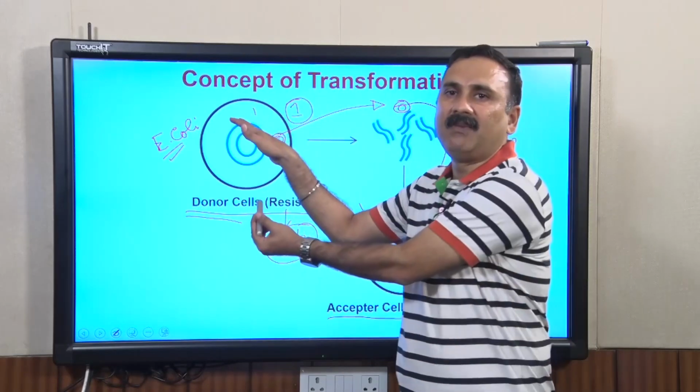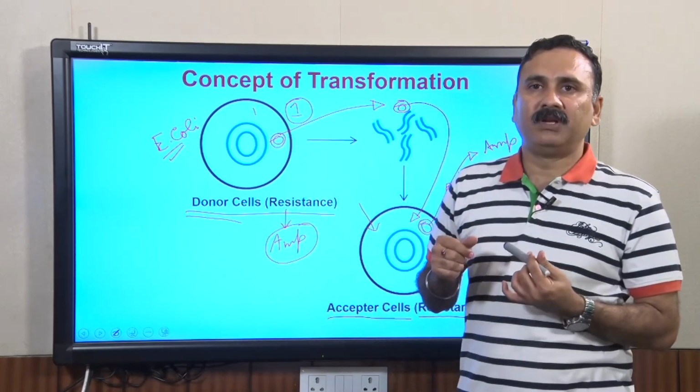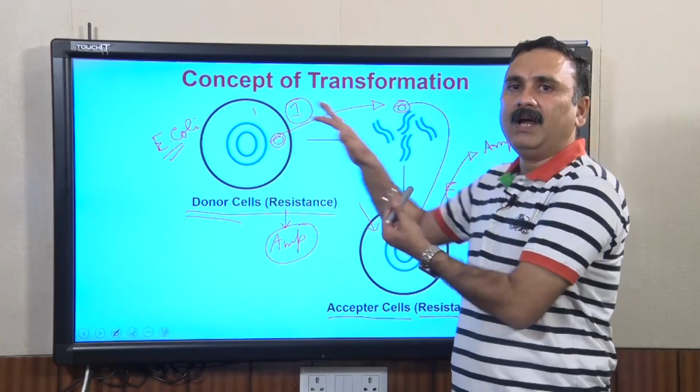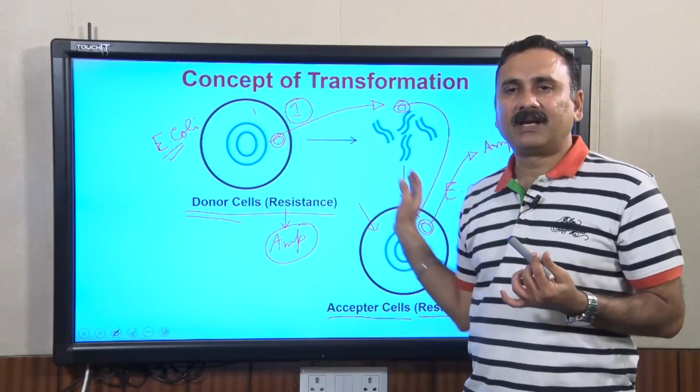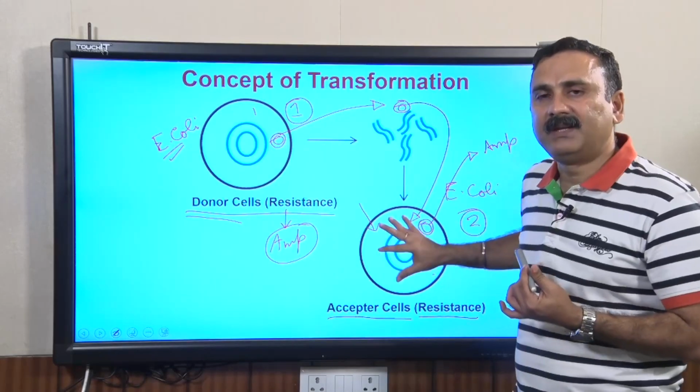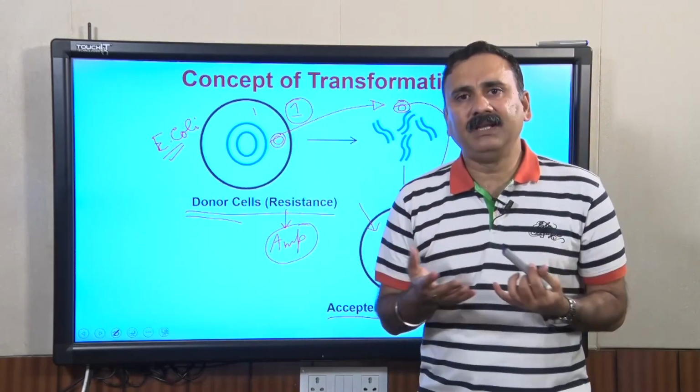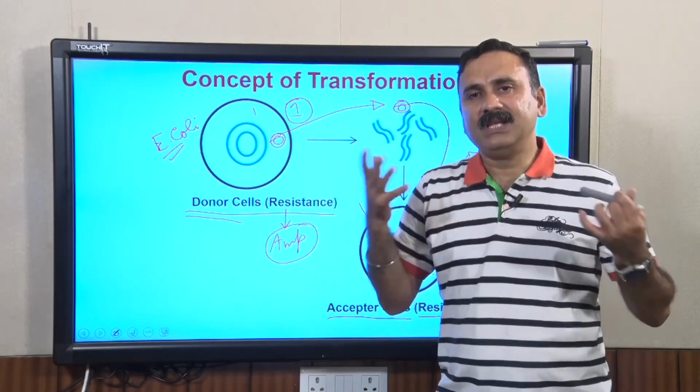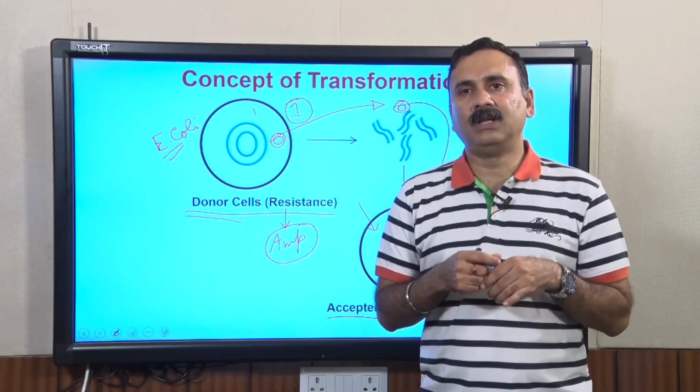For example, this bacterium might be doing sporulation better and this bacterium may not be, and this bacterium will provide the factors which will facilitate this kind of additional feature to the acceptor cells, and that is how bacteria exchange their genetic material between two cells.